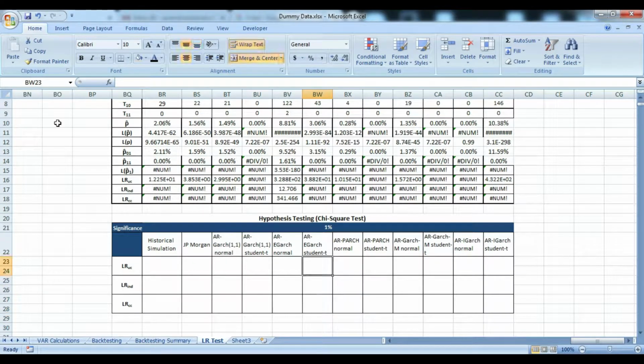So the hypothesis testing will be conducted at 3 levels: the LRUC, the LRIND, and the LRCC levels. Basically you could make a table with the title hypothesis testing chi-square test at the top, and the significance level is 1%, since we are conducting the test at 99% confidence level, and the names of all the models side by side, and then the table, the LRUC, LRIND, and LRCC.